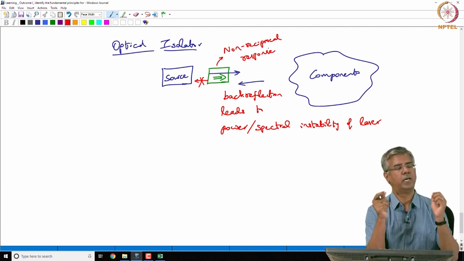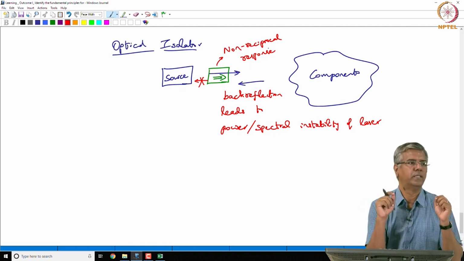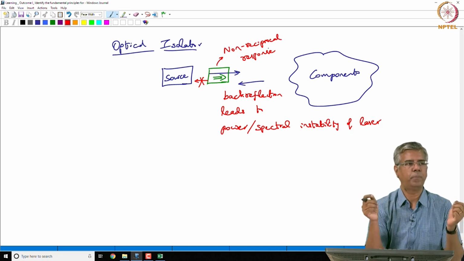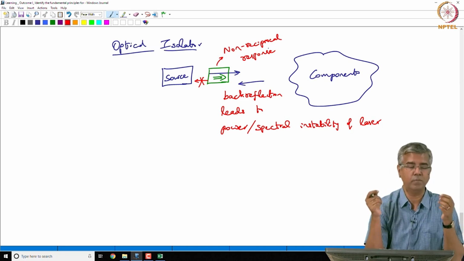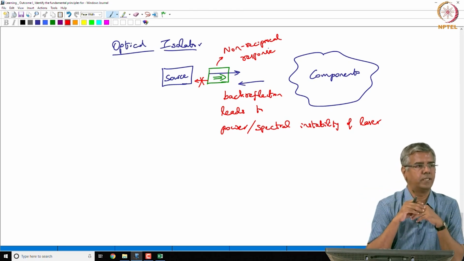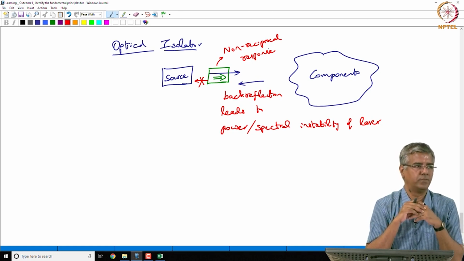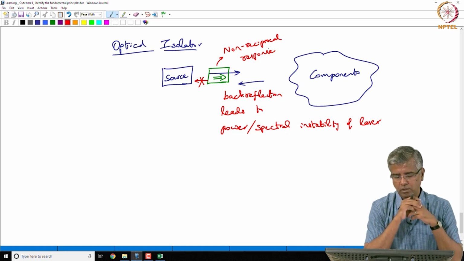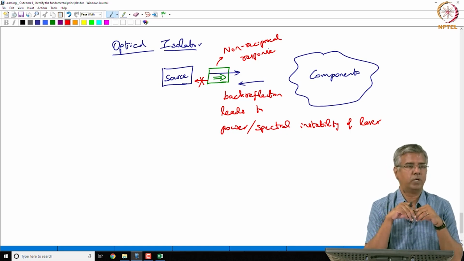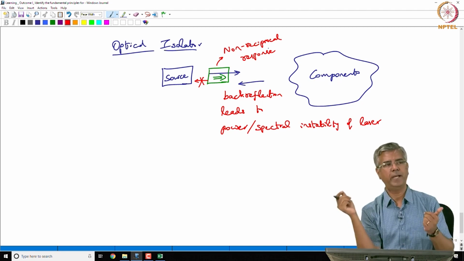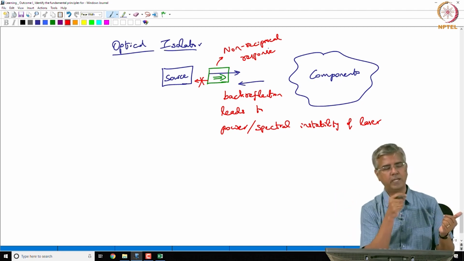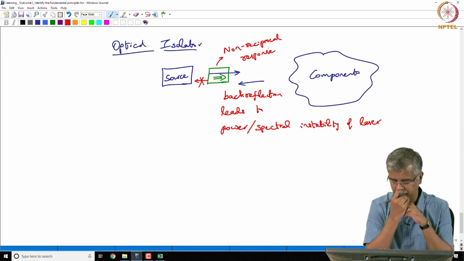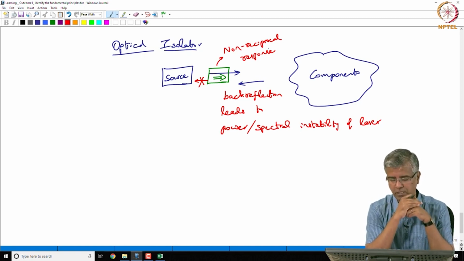That is, you are flipping the input and output, right. When you are flipping the input and output, if the response is the same, then you say that component is reciprocal. Okay. But that is not what we want. We want light to go from left to right, but we should not have light going from right to left. Okay. So, we need a non-reciprocal response.